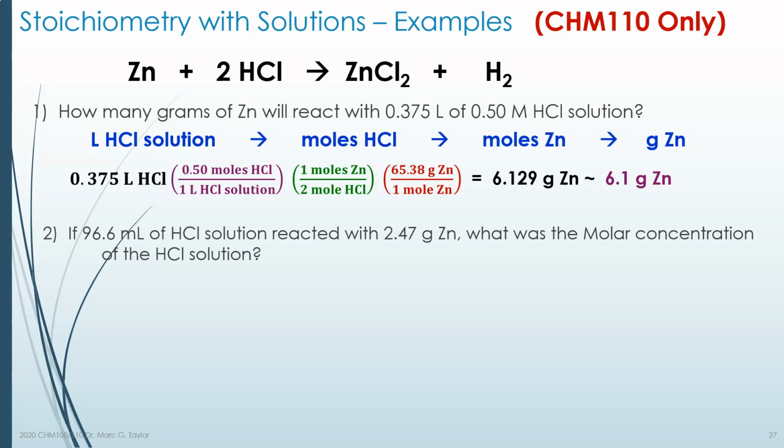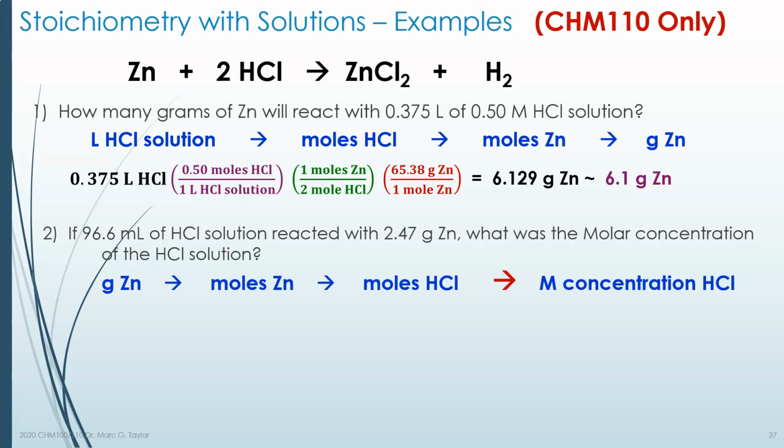And the idea is to eventually get the molar concentration of HCl. Well, we know we can turn grams of zinc into moles of zinc. We know we can turn moles of zinc into moles of HCl. And then once we have moles of HCl, how do we turn that into a molar concentration? Well, the definition of molar concentration is moles of HCl divided by liters of HCl.